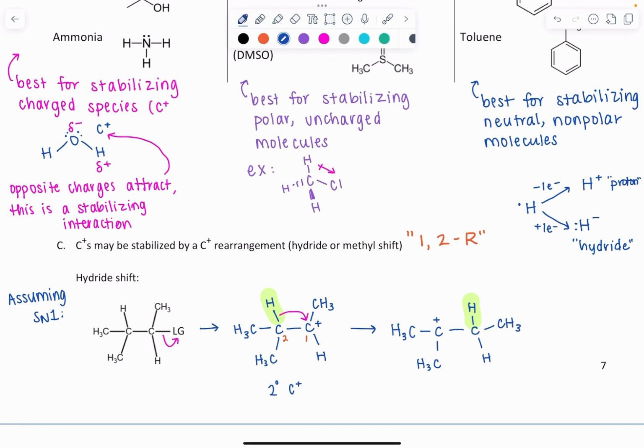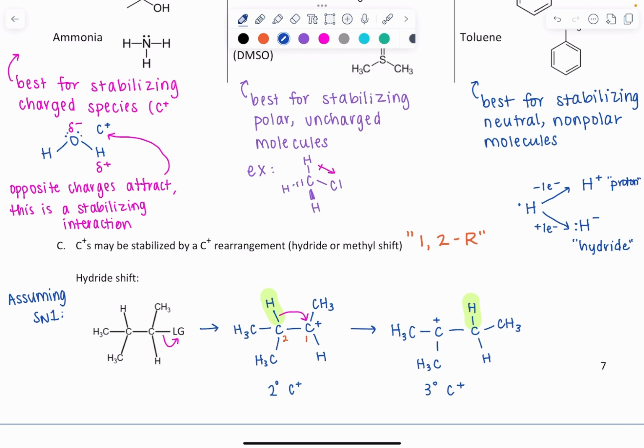Now I'd ask you to reassess, is our carbocation primary, secondary, or tertiary? The carbocation that was generated is bonded to 3 other carbons, so it is a tertiary carbocation.